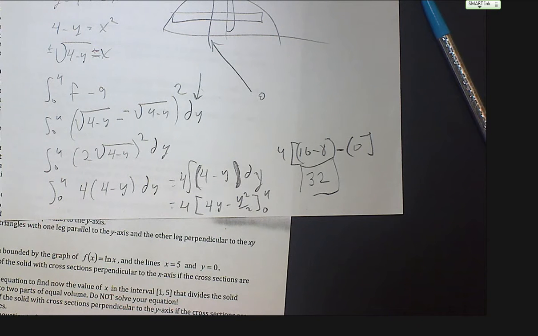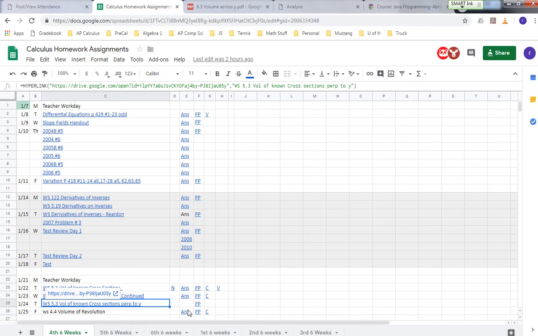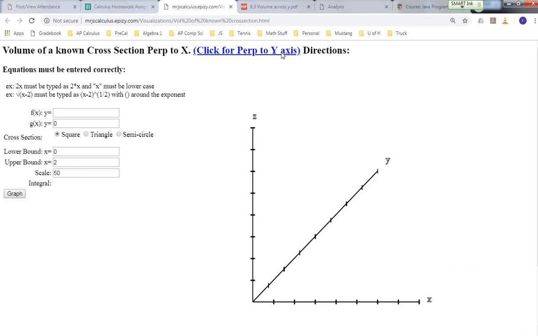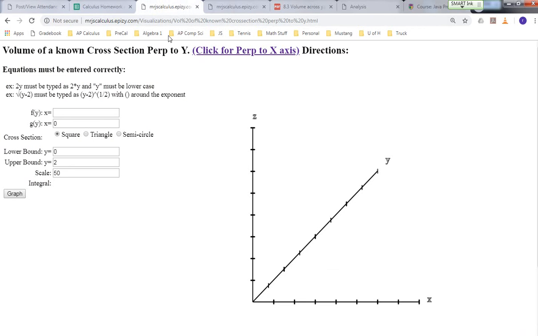So let me bring up, just so you guys can visualize what happened here. I want to make sure you're understanding. Okay, the first equation was 4 minus x squared and 0, from negative 2 to 2.